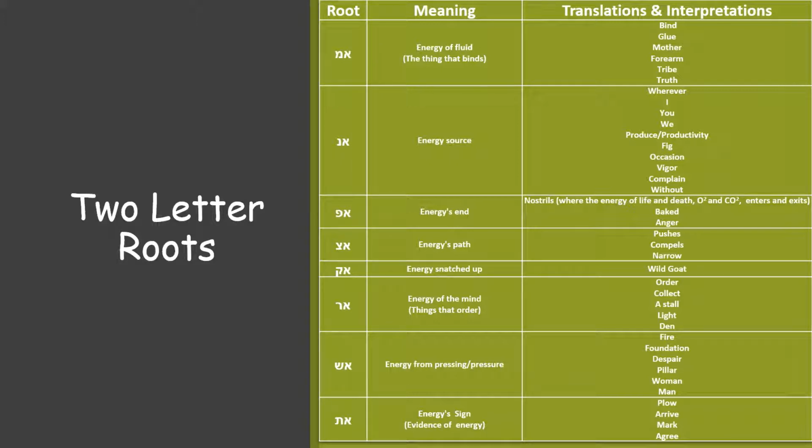Aleph Shin, energy from pressing or pressure. It's fire, foundation, despair, pillar, woman, and man. Last but not least, Aleph Tav, energy's sign, which is evidence of energy. The plow, arrive, the mark, and an agreement are all evidence of energy.